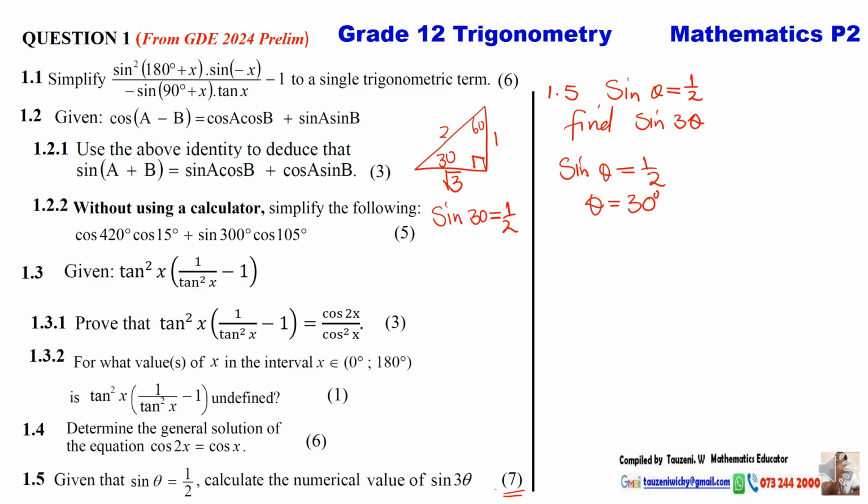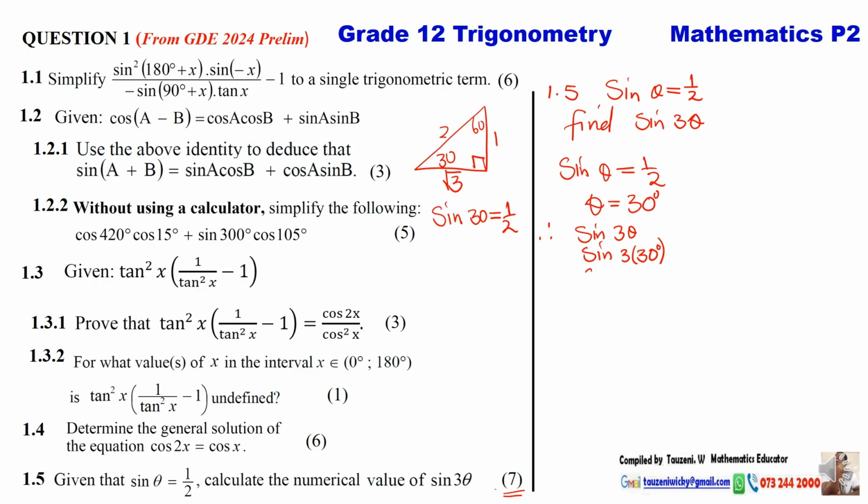Then if theta is equal to 30 degrees, it follows that the sine of 3 theta is equal to the sine of 3 times 30, which simplifies to 90 degrees.